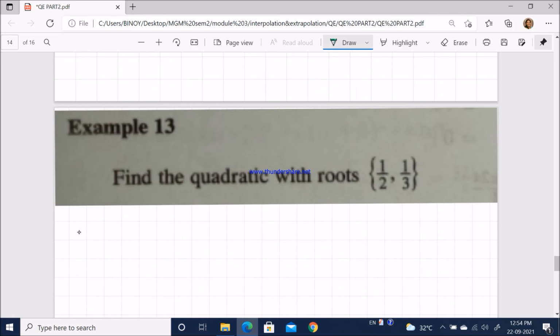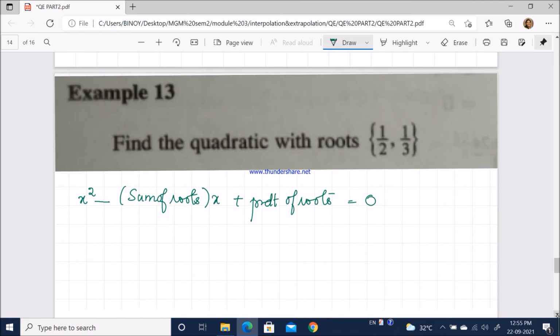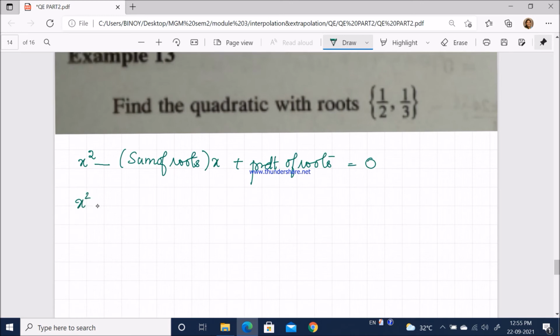The general form of the quadratic equation is x² minus (sum of roots) into x plus product of roots is equal to 0. So x² minus (1 by 2 plus 1 by 3) into x plus (1 by 2 into 1 by 3) is equal to 0.